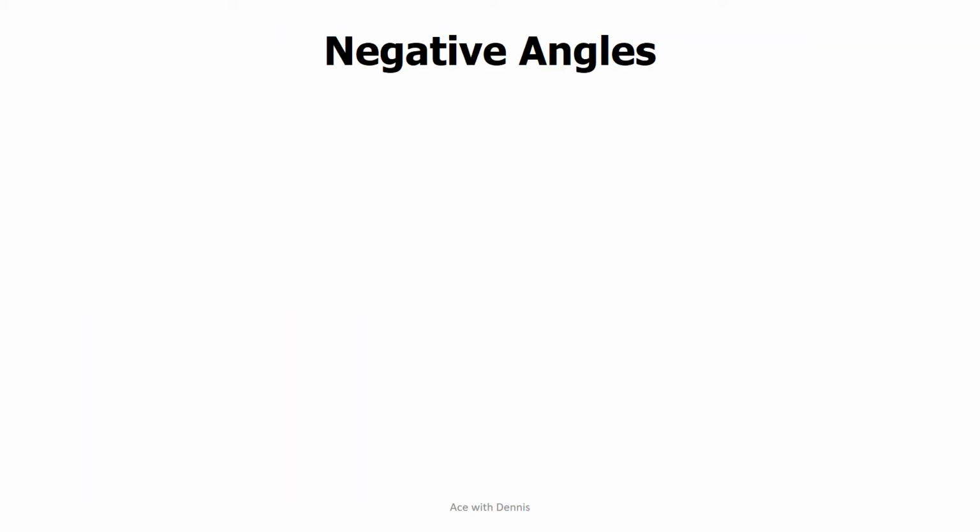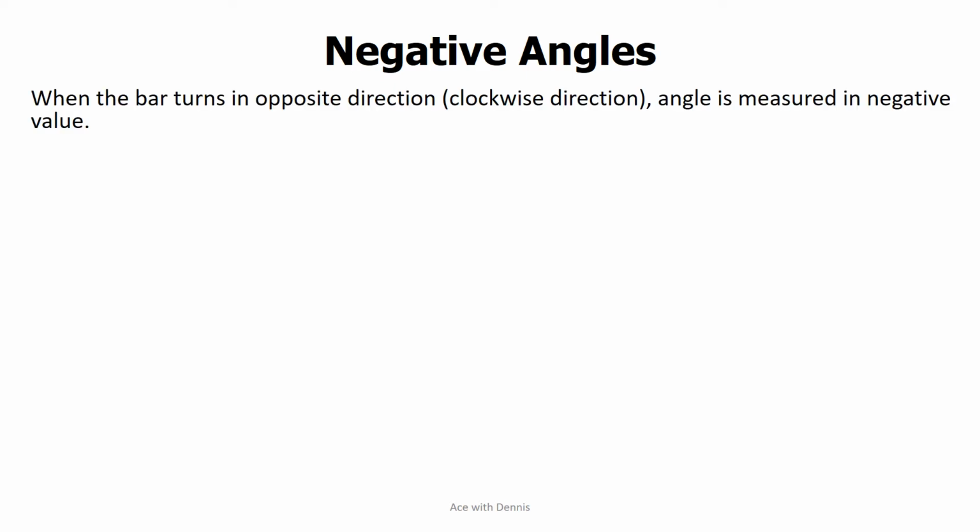Okay, now let's discuss negative angles. What do negative angles mean? When the bar turns in the opposite direction, the clockwise direction, the angle is measured in negative value. So let's look at this diagram. This is the x and y axis.